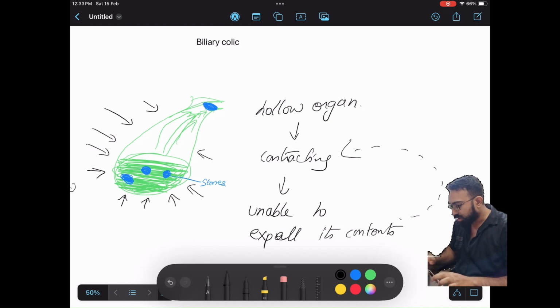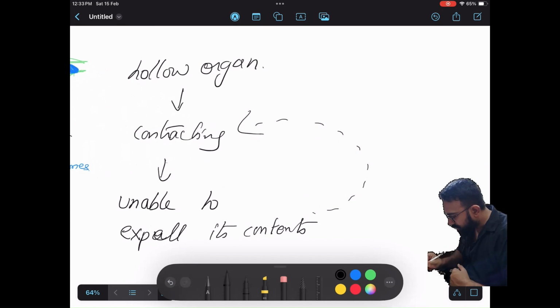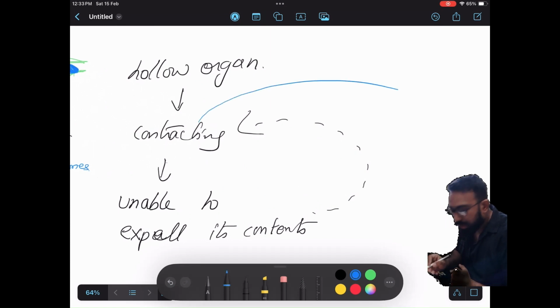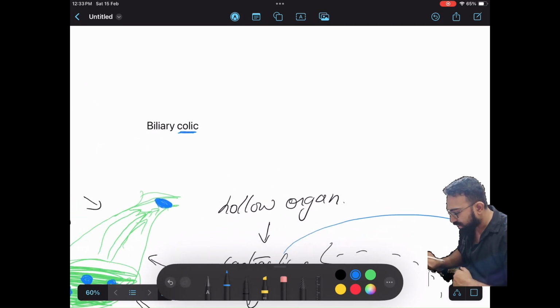This hollow organ contraction is going to produce pain. The name is biliary colic.